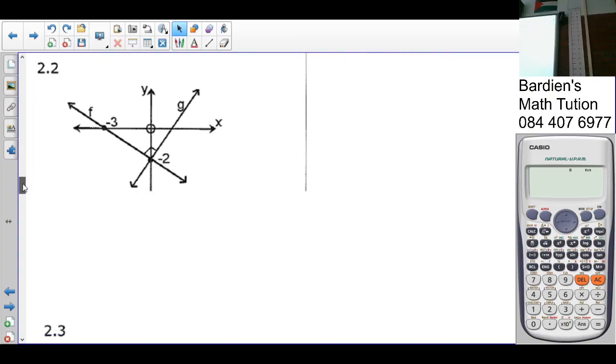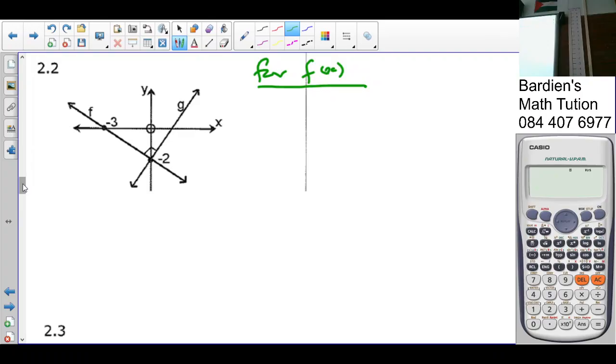Right. 2.2. For f, do we have 2 points on this graph? Yes. There are 2 points. What are the coordinates of those points? Negative 3 and 0, and 0 and negative 2. Okay. So remember again, this is x1, y1, x2, y2.